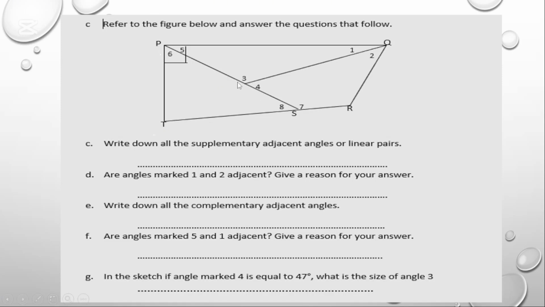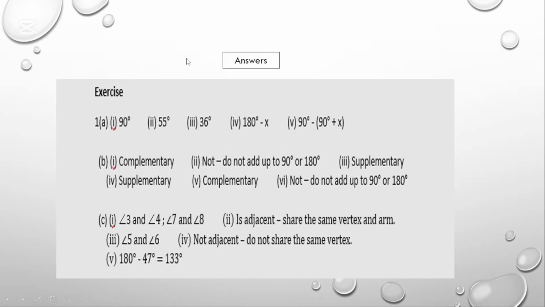And you can see they are adjacent and they are supplementary, these two, so they add up to 180. To get angle 3, you'll have to subtract from 180. Work through this on your own, and once you have all the answers, you can look at them over here.